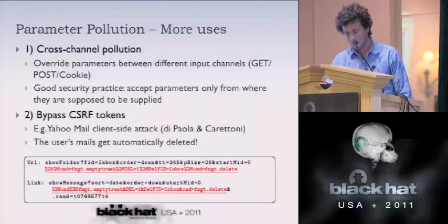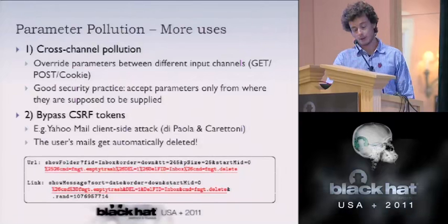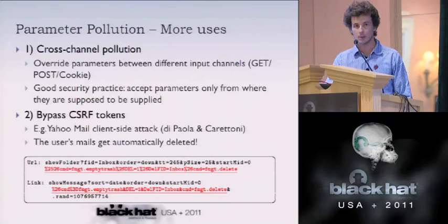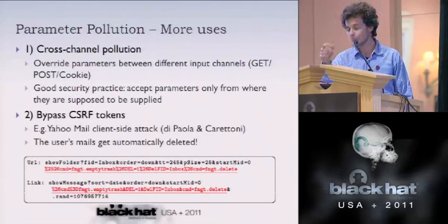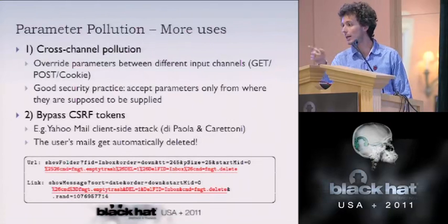Here in this example, again, this shows that it's actually possible to bypass this mechanism using parameter pollution. And this is an example taken from the Yahoo attack, where it was possible to generate a trigger URL that, when you click on it, opens your Yahoo webmail.